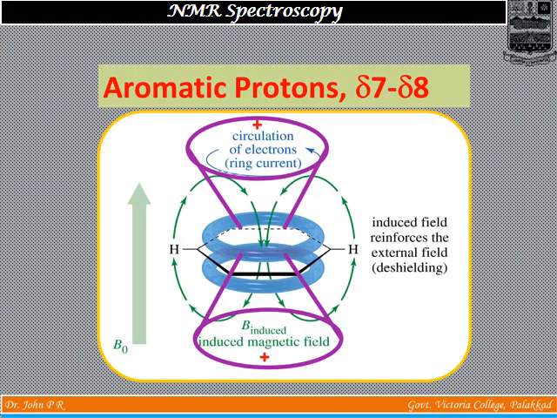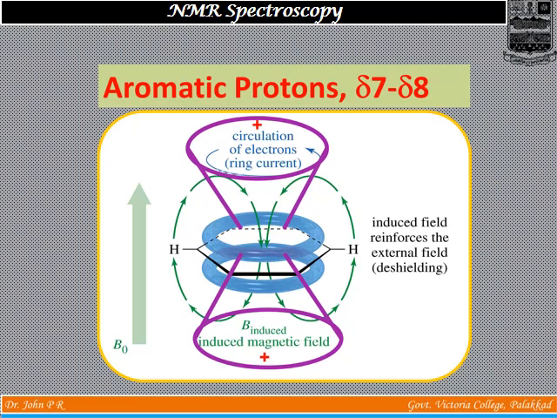If you consider the benzene ring, we know that it is a planar molecule. And the pi electron cloud is above and below the plane of the molecule. And there is a closed loop of pi electrons.